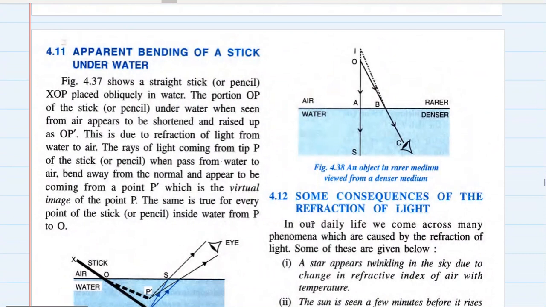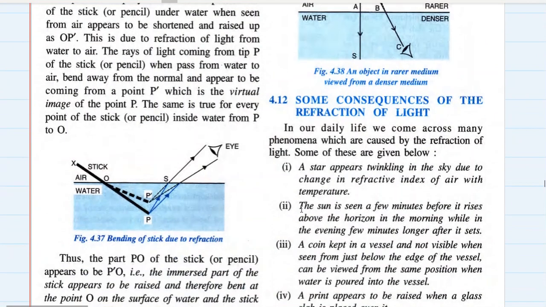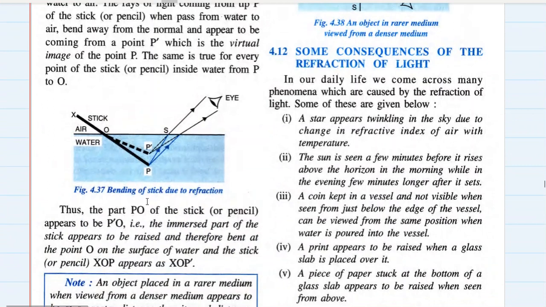Anyways, next is apparent bending of a stick underwater. So this diagram you must practice for your exam. So how to draw this diagram? See, what you do is you draw a stick, half of it in air, half of it in water or denser medium. You draw I in the rarer medium, that is air.